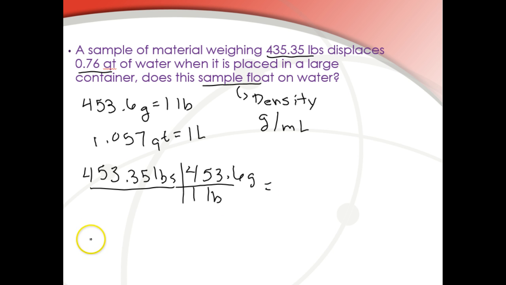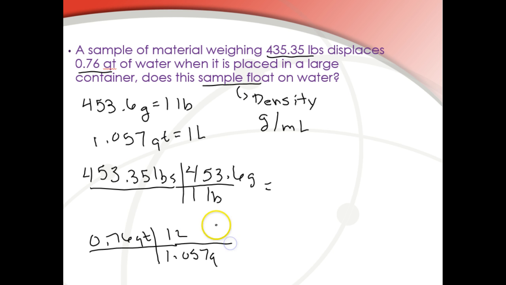Then we go to the other unit, 0.76 quarts. I know that there are 1.057 quarts to a liter, and I also know that there are 1,000 milliliters in 1 liter. So there are my conversion factors. I cancel out everything, making sure everything cancels, and I'll get my answer.